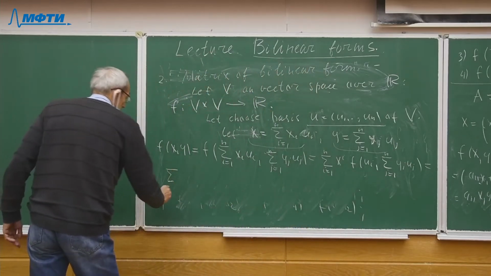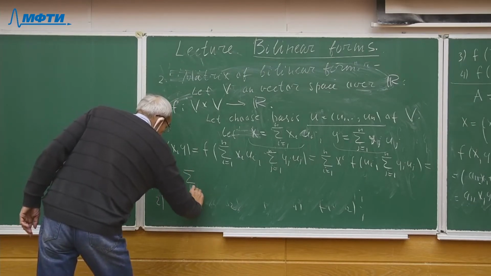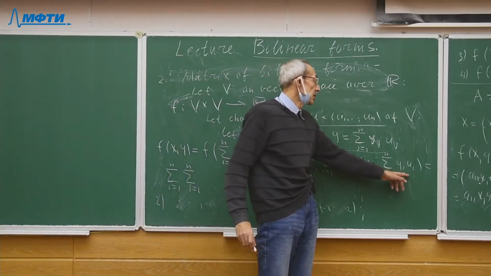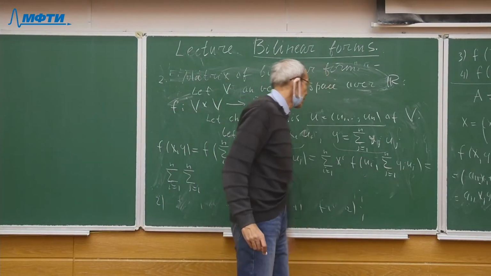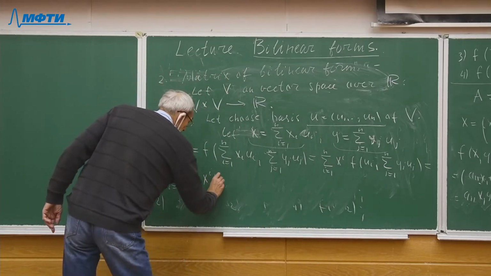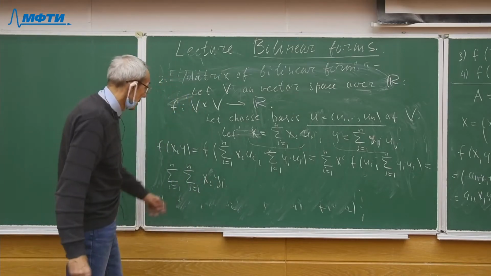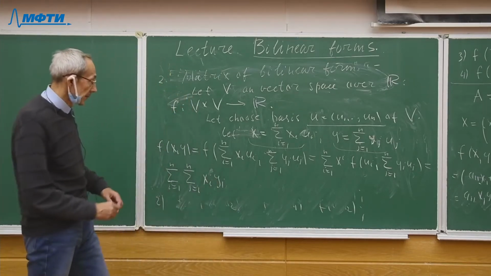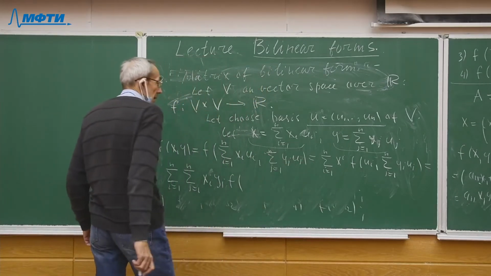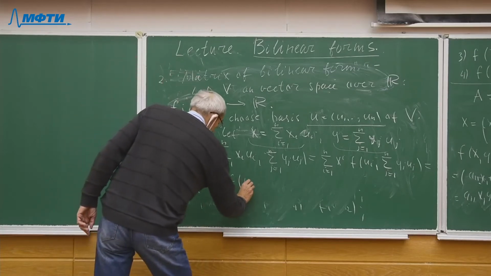And we obtain, we can use the homogeneity condition, and yj we can rewrite as the factors in the expression of the values of our initial bilinear form.